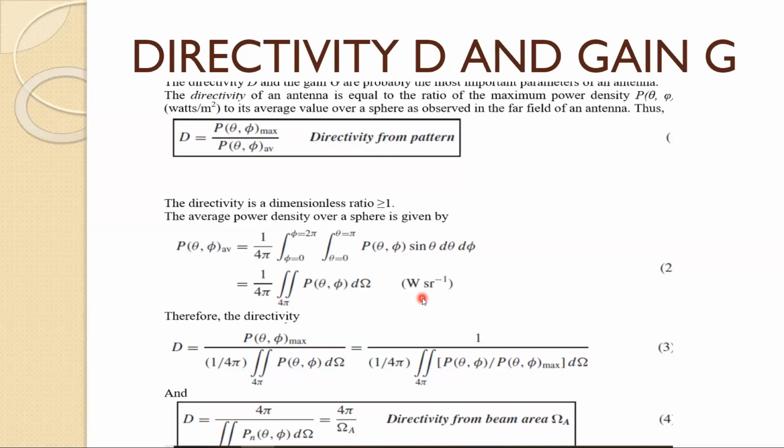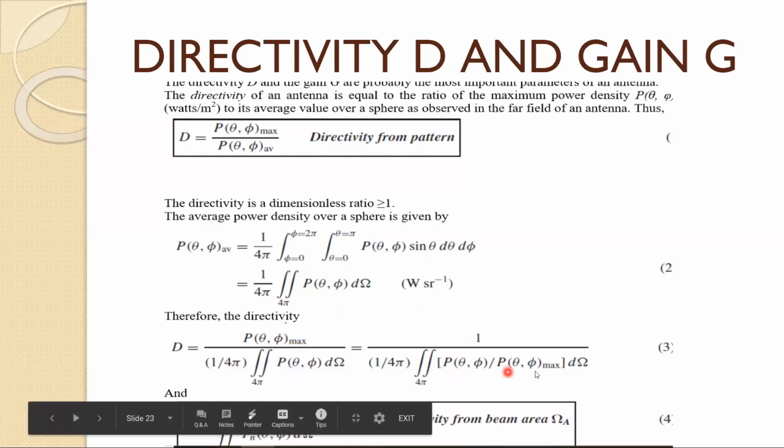D equal to P of theta comma phi maximum. In the denominator, replace or update with 1 by 4 pi, double integration P of theta comma phi d omega. So bring this numerator P of theta comma phi to the denominator.